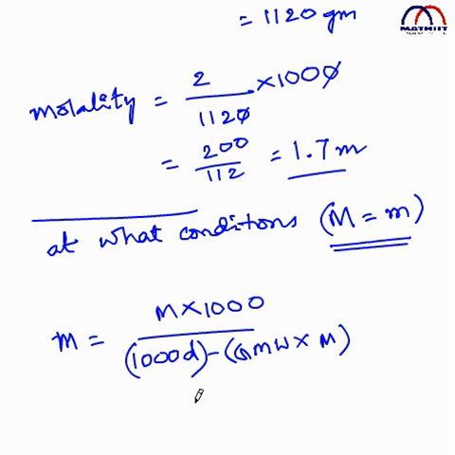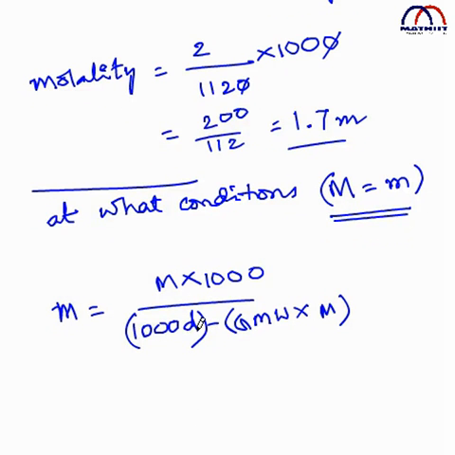We want this m to be equal to this m. Then this difference should be equal to 1000, and the 1000 gets cancelled. So 1000 d minus gram molecular weight into m should be equal to 1000.